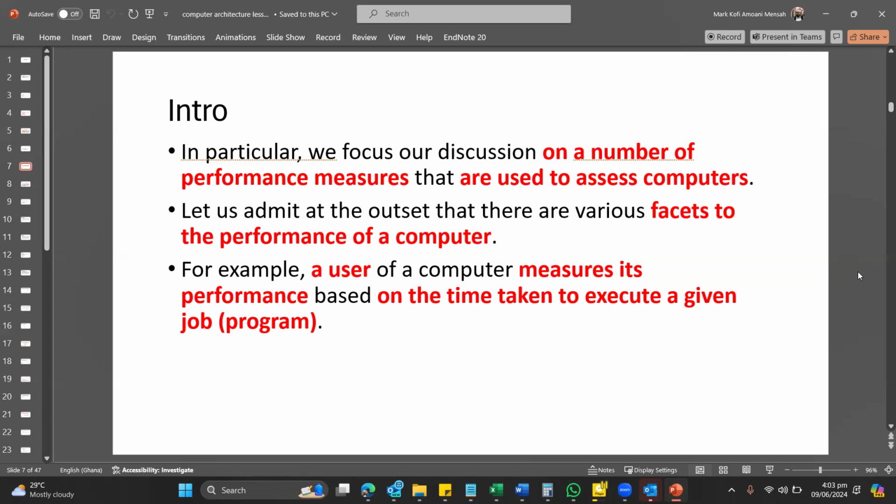When we ask that question, it comes into more than one category, whereby how do we determine which computer is the best? The computers we have, which one is the most optimal computer we have? And how do we determine which one is the best?